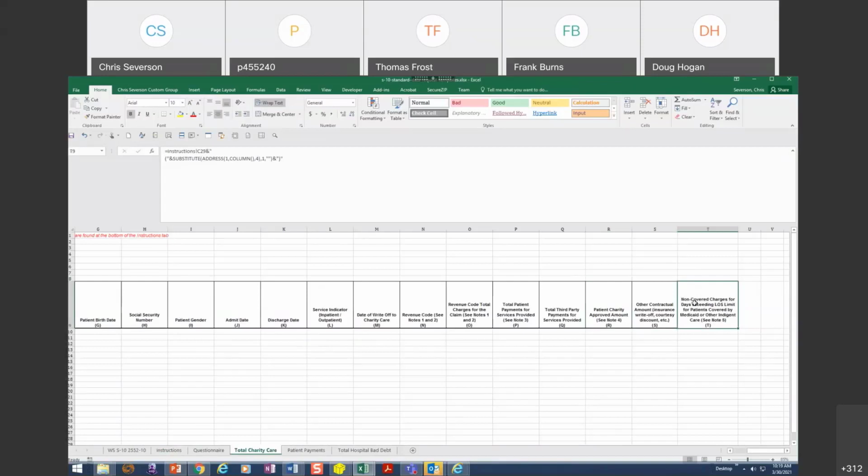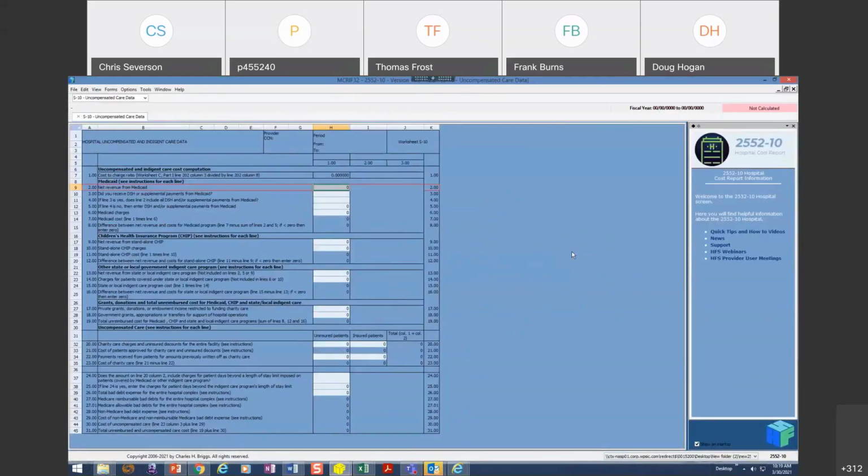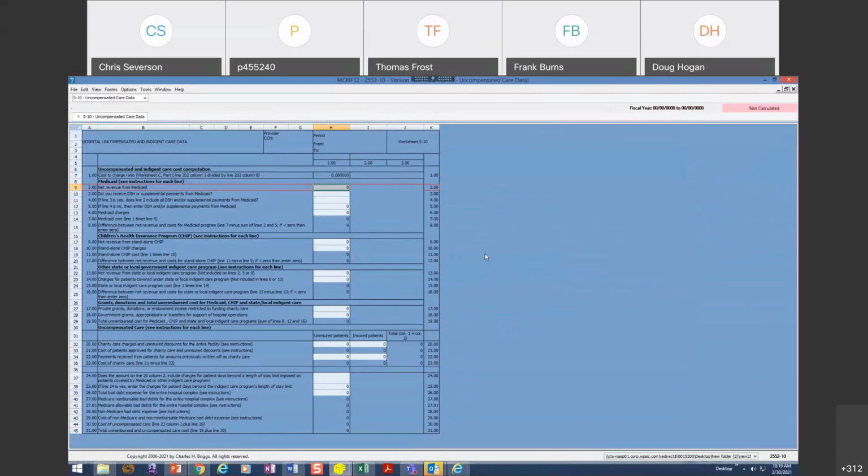Anything on line 25, and in fact, let me open up HFS to show you what I mean. I know some people use other software. So line 25, anything in line 25 must also be included in the amount on line 20, specifically the line 20 column 2.